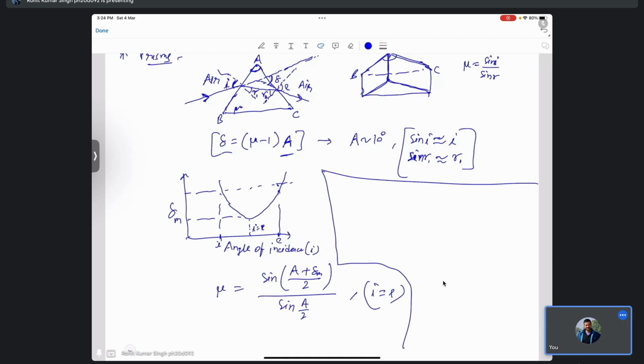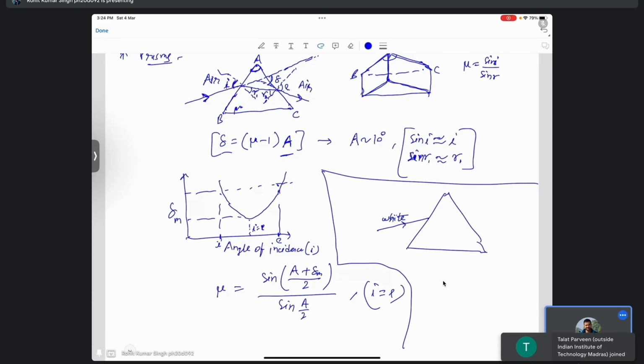And the dispersion is caused because for each wavelength of light, the mu, that is the refractive index of the prism, is different. Let me show you. This is a white light which is made up of all the 7 colors of the rainbow.